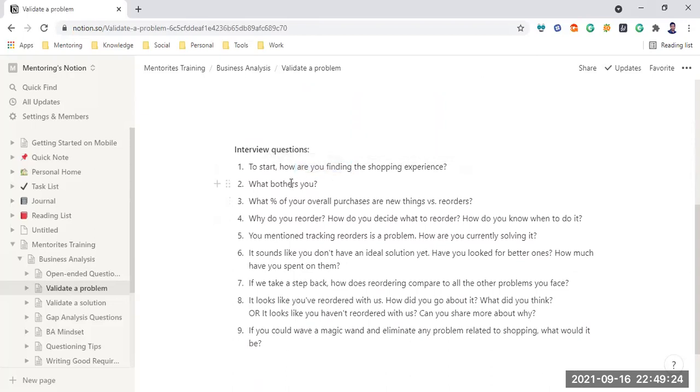They will give you a laundry list of all the problems. Then you get into the details of the ordering, and you ask questions to understand more about what kind of problems they are facing. That's how you will be able to find out their actual problem.